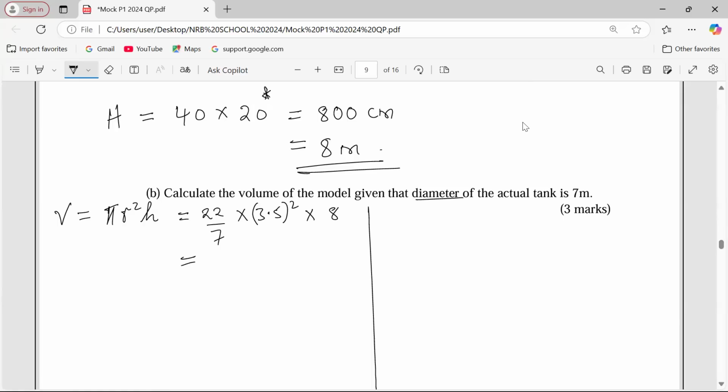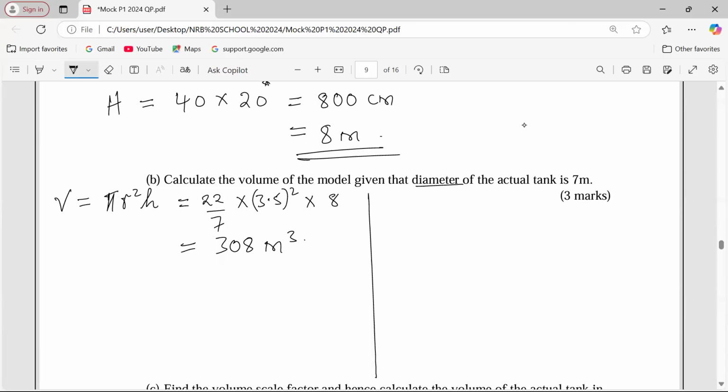So we will have 22/7 multiplied by 3.5 squared multiplied by 8, giving us 308. That way, we have the volume of the actual tank.